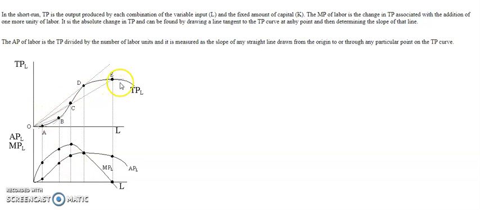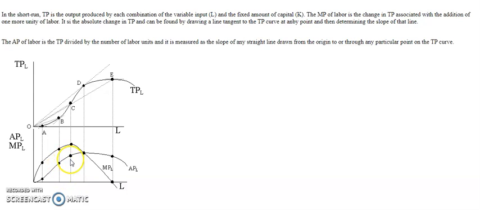Total product of labor is maximum at point E. At that particular point, the marginal product of labor is 0 in the bottom figure, and average product of labor is also at its maximum.